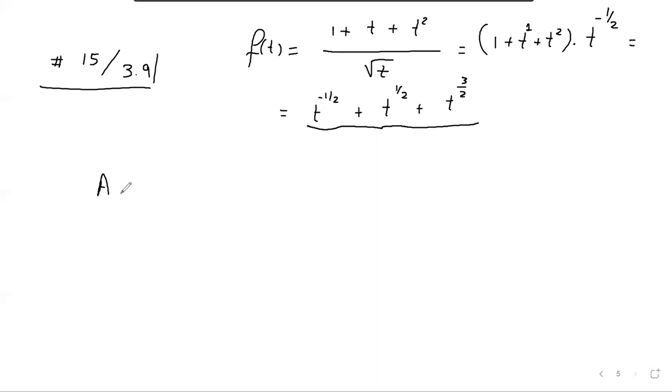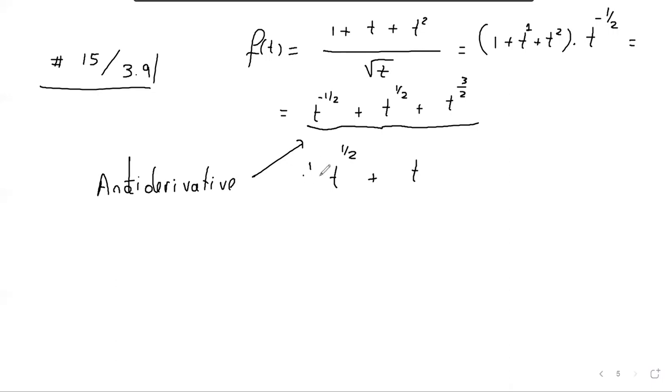So when I do the antiderivative, I get t to the negative 1/2 plus 1, so that's going to be 1/2. Plus t to the... now over here, what do I have in front of t to the 1/2?